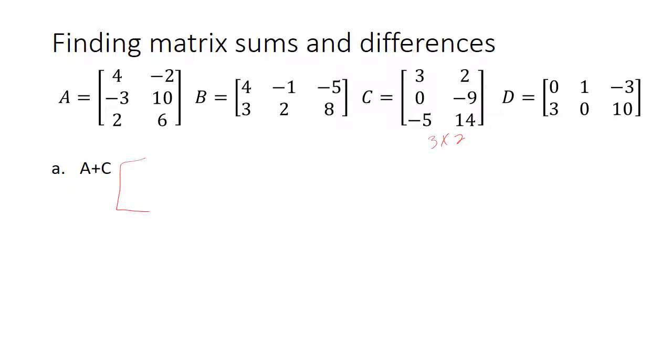So I'm going to do my 4 plus my 3. I'm going to do my negative 2 plus my 2. Negative 3 plus 0. 10 plus negative 9. 2 plus negative 5. 6 plus 14.